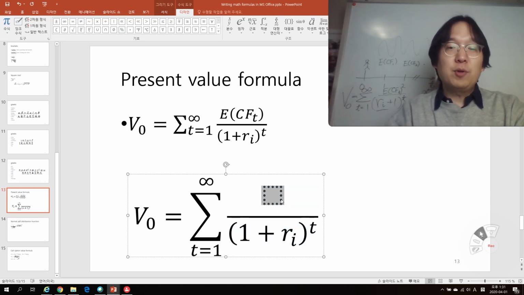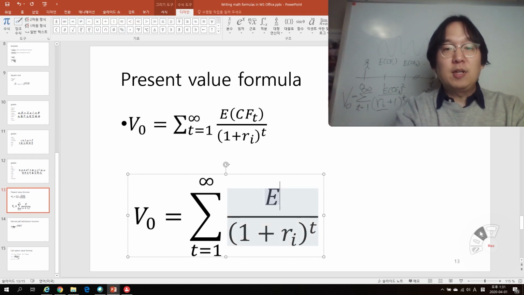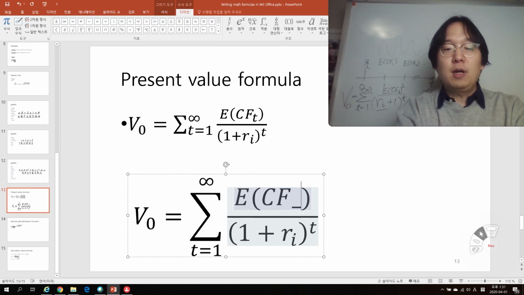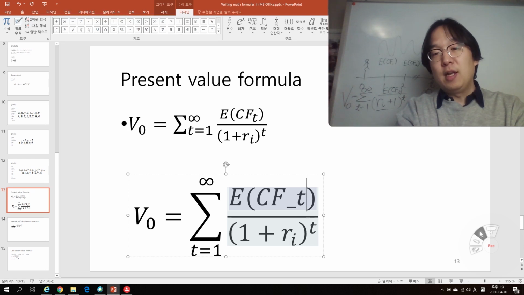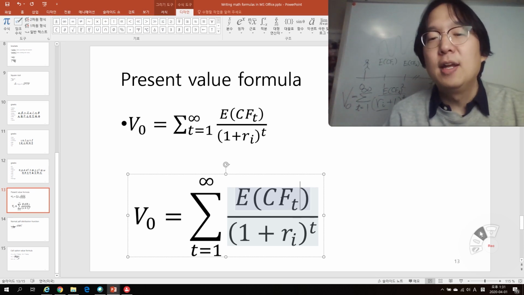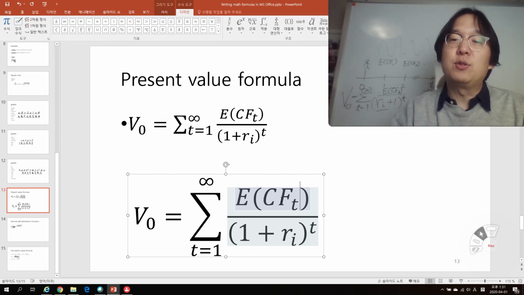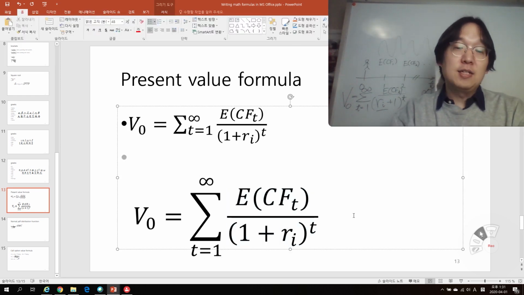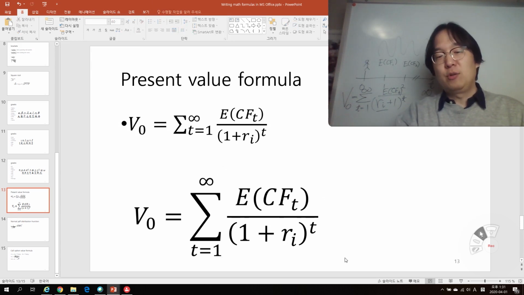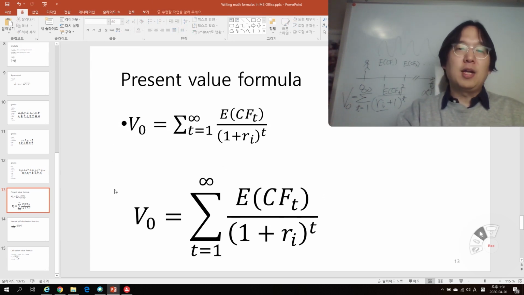And then the numerator has to be the expected future cash flow, CF underbar small t, and make sure you punch space. So that's exactly what you intended to make.